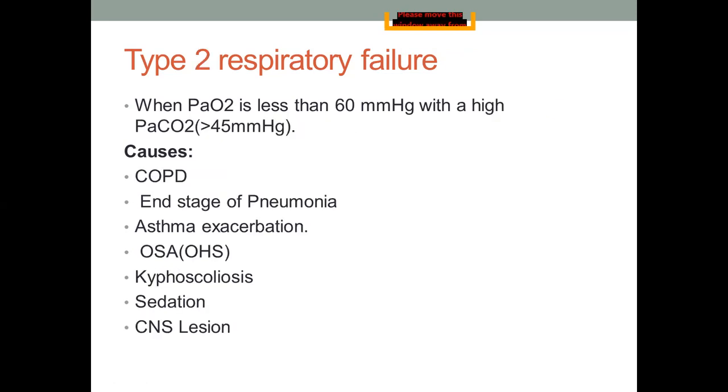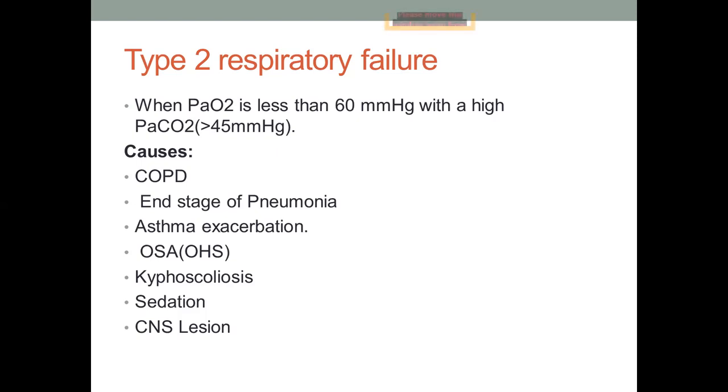Now we will discuss type 2 respiratory failure. In type 2 respiratory failure, the partial pressure of oxygen will be less than 60 millimeter of mercury with a high partial pressure of carbon dioxide.